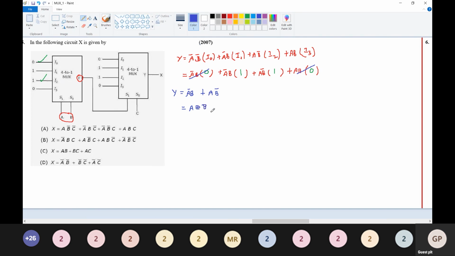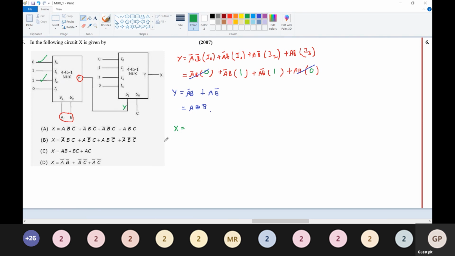Now I'm going to write similarly a Boolean expression for the second mux. This output here is nothing but X. So X is equal to, what are your selection lines here? The selection lines are going to be Y and C, so this Y is going to come here.